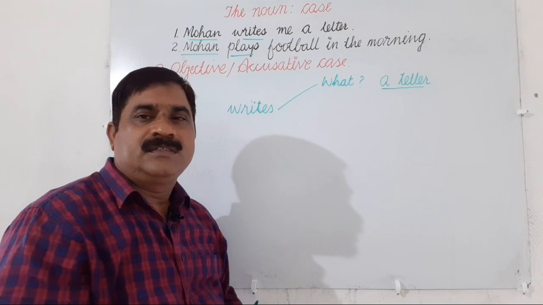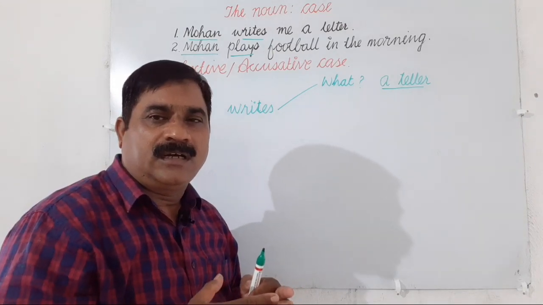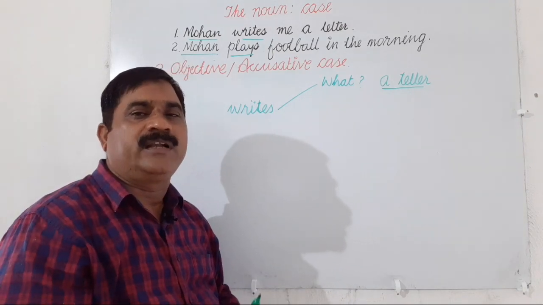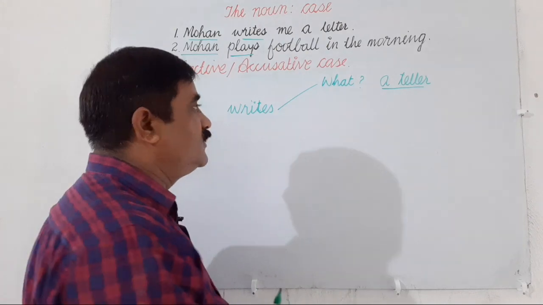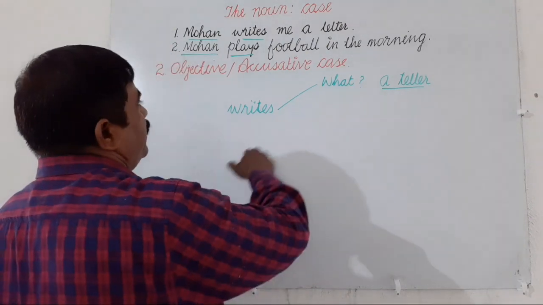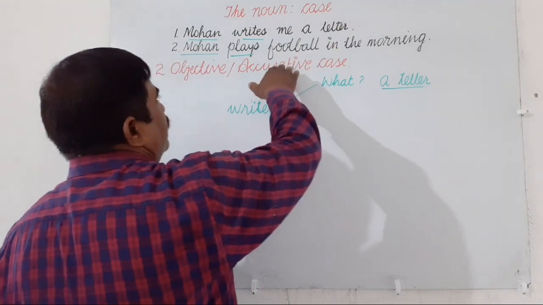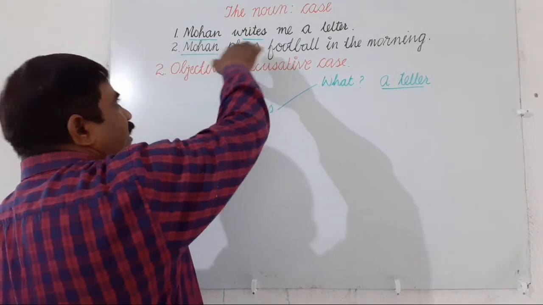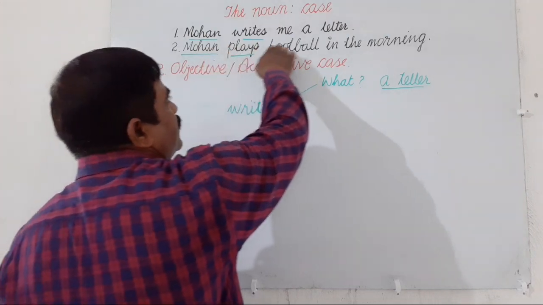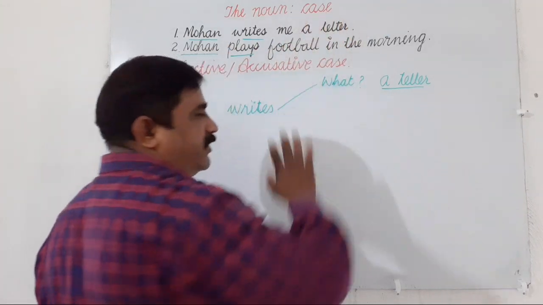Why is a letter called a direct object? Because impact directly falls on a letter. The action which is directly done by the subject falls on a letter.